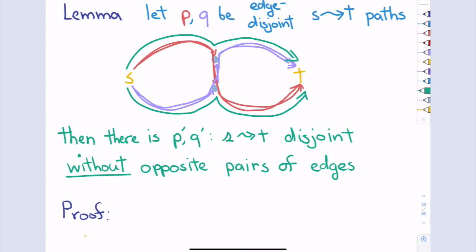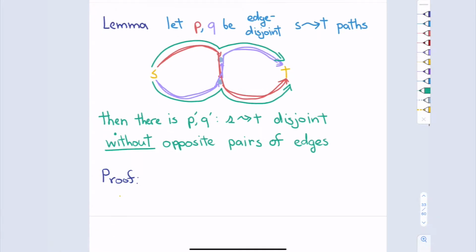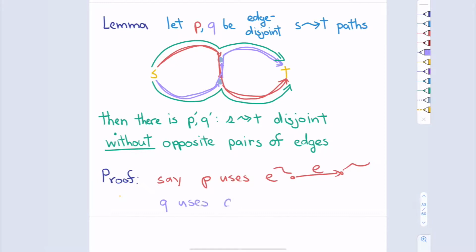All right, so let's say that P uses an edge E, and that Q uses D, where D is in the opposite direction.